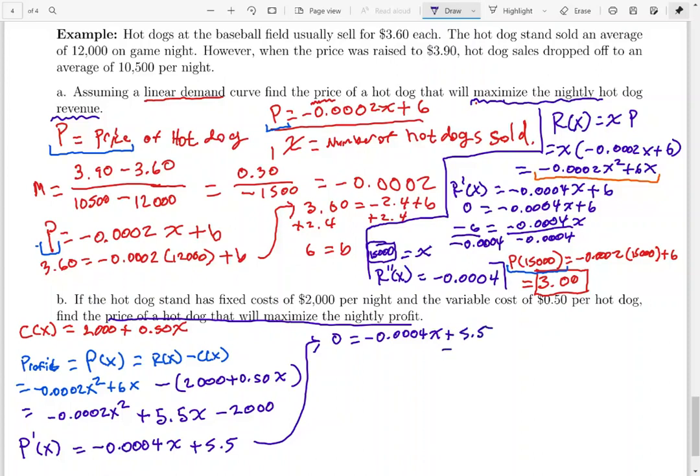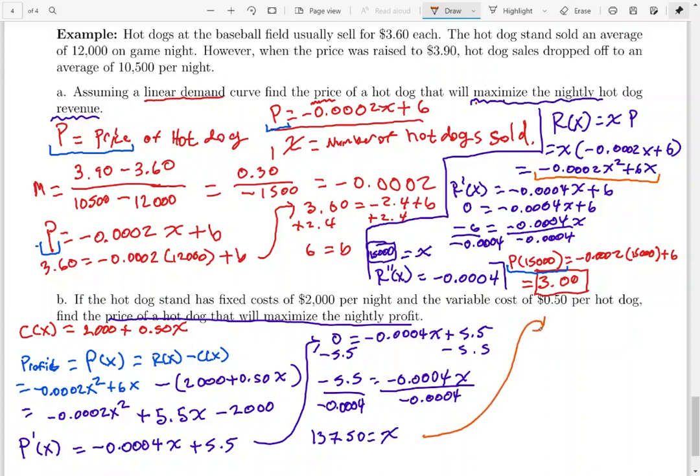Solve for x: minus 5.5 from both sides, so negative 5.5 is equal to negative 0.0004 times x. Divide by negative 0.0004, which I get to be 13,750 is x.